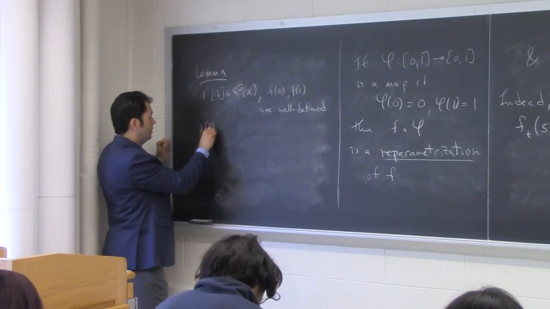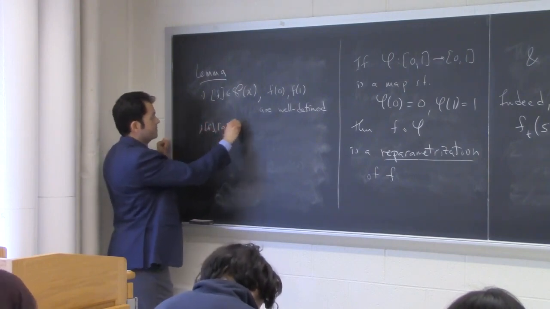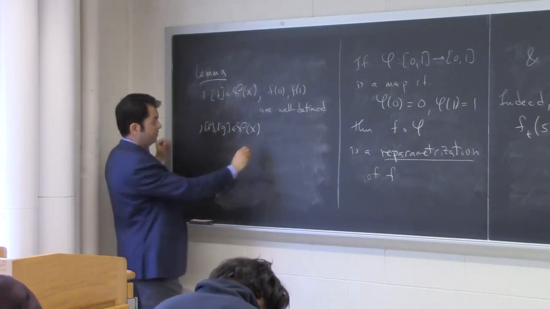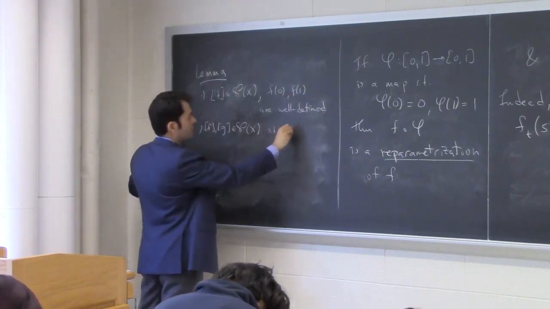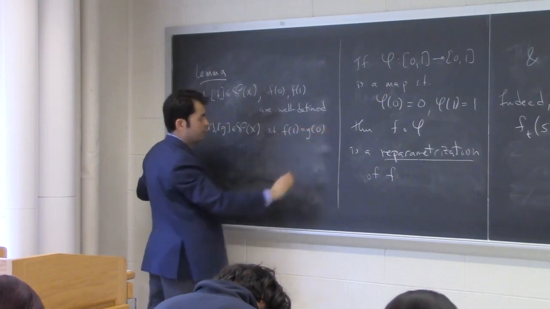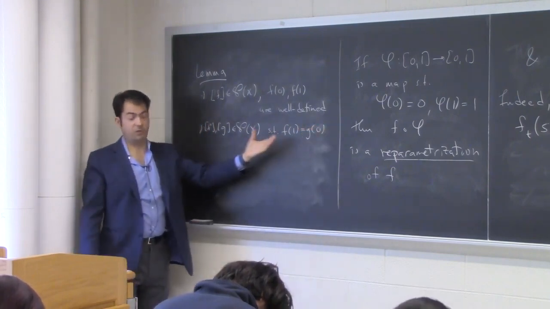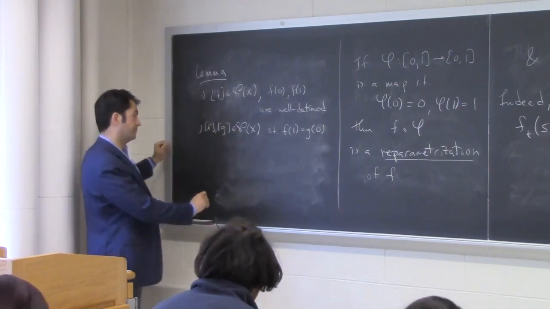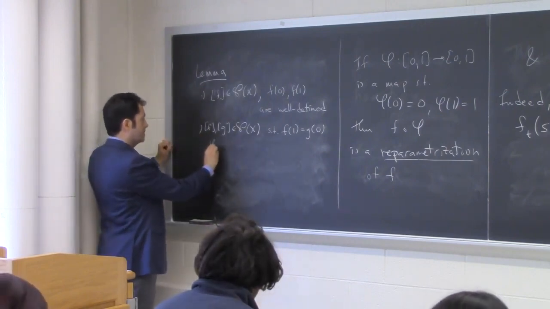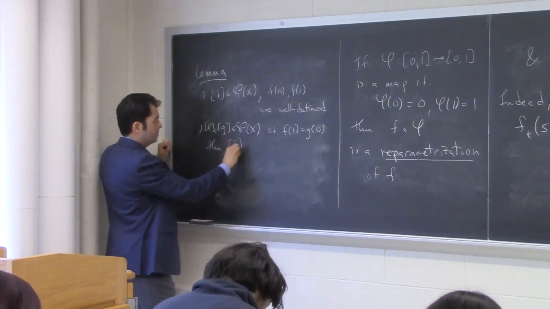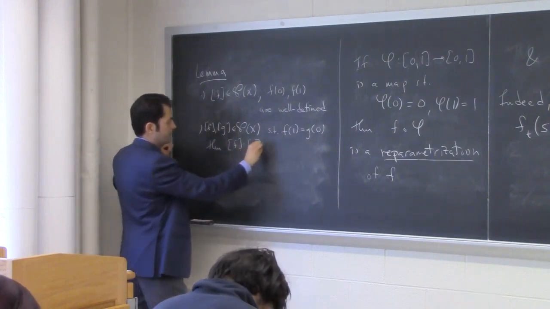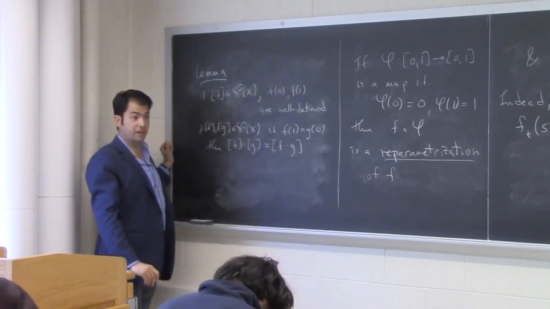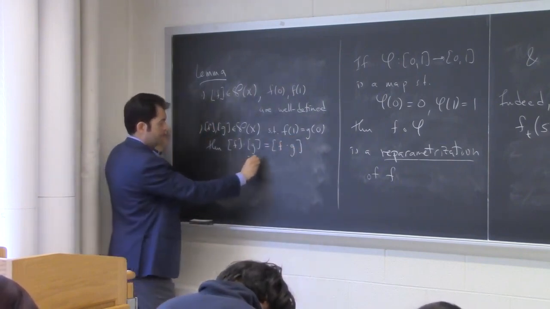Now say you have two homotopy classes of paths such that f of 1 is equal to g of 0. It makes sense to ask this because by the first property we know the endpoints are well defined. Then we can concatenate by concatenating representatives, and that's also well defined.